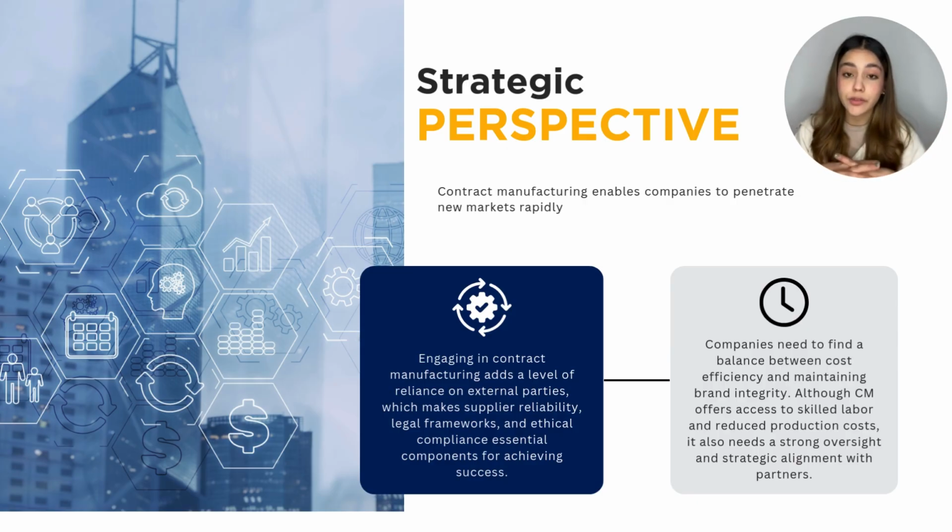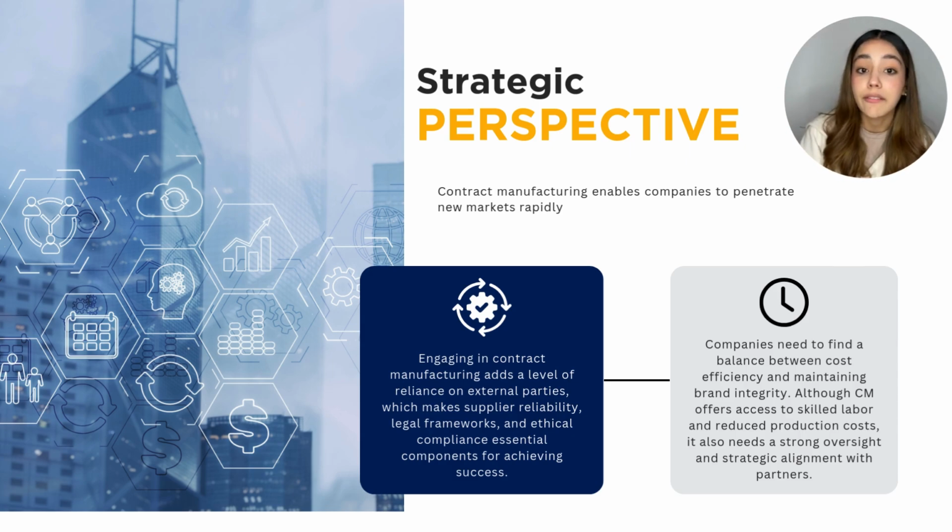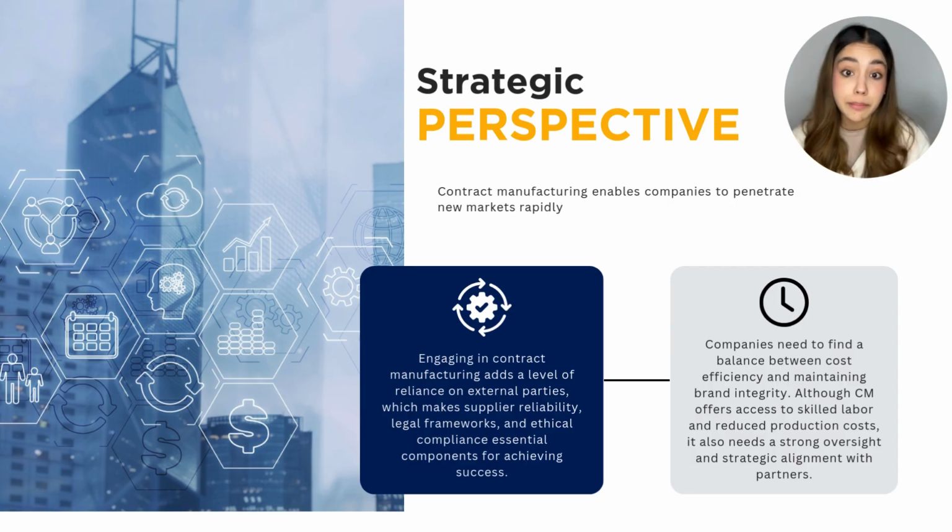While contract manufacturing provides access to skilled labor and lower production expenses, it also requires robust oversight and strategic alignment with partners. Businesses that view contract manufacturing as an integrated component of their global strategy rather than just an outsourcing solution will be better positioned for sustainable success.